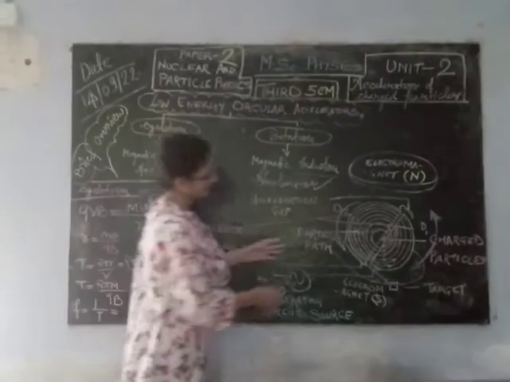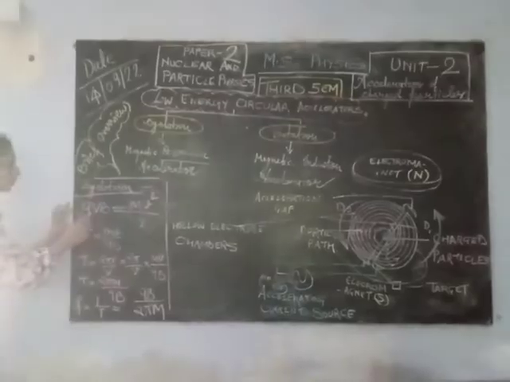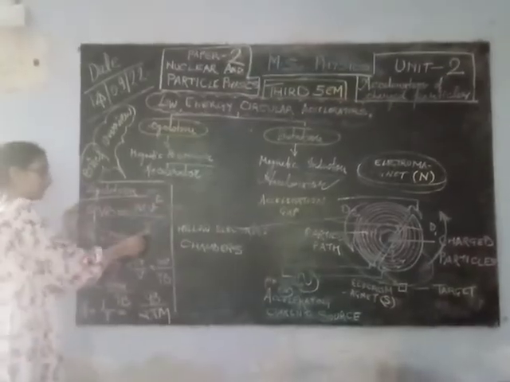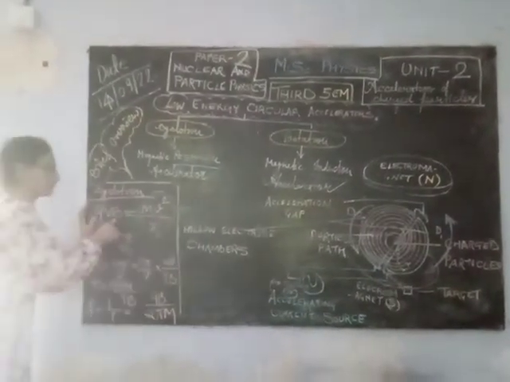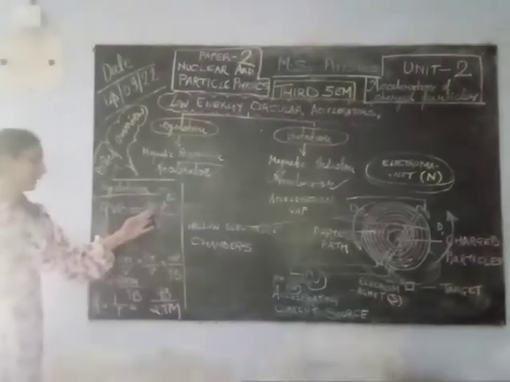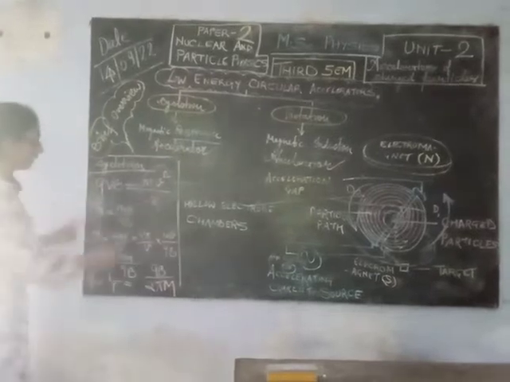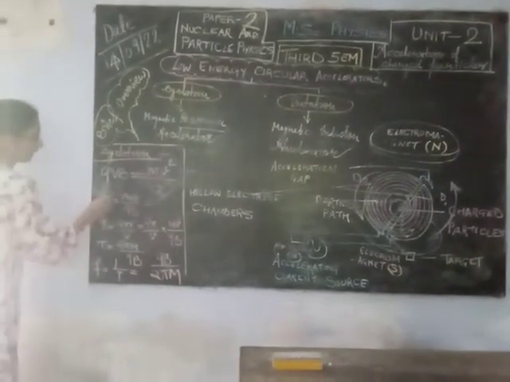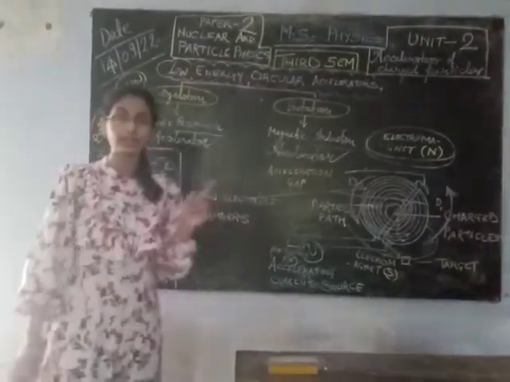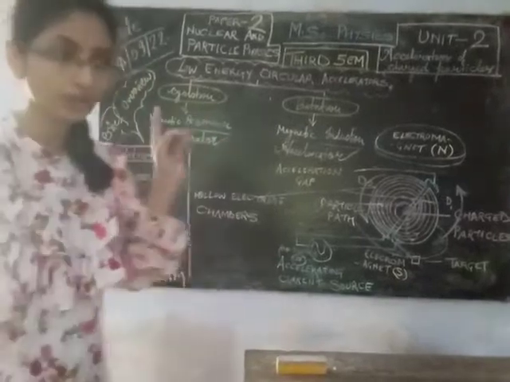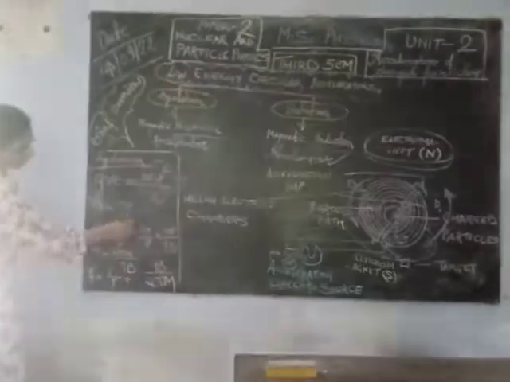So qvB equals mv square by r, where q is charge, v is velocity, B is magnetic field, m is mass, v square is velocity squared, and r is radius. Here r equals mv by qB. This is the basic formula which you also studied in UG classes or BSc classes. So r equals mv by qB.